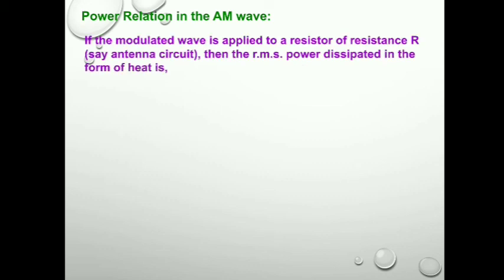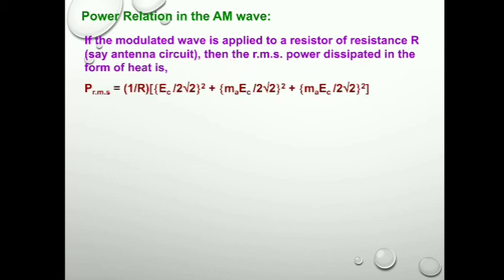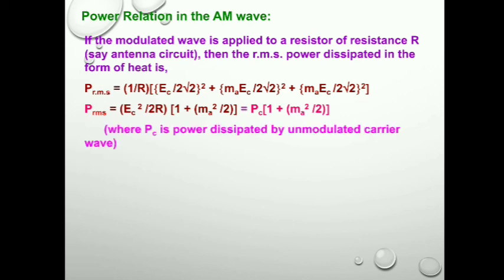If the modulated wave is applied to a resistor of resistance R, then the RMS value, what is RMS? Root mean square. Power is dissipated in the form of heat. This is the mathematical representation for the power generated by the amplitude modulated wave, with the root mean square value P_RMS, and P_C is the power dissipated by the unmodulated carrier wave.